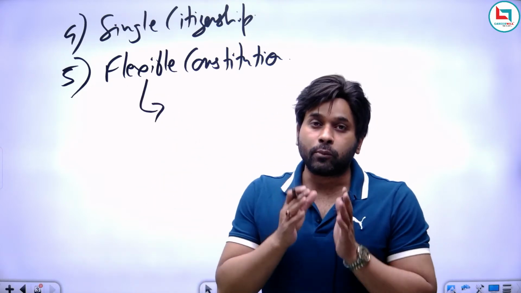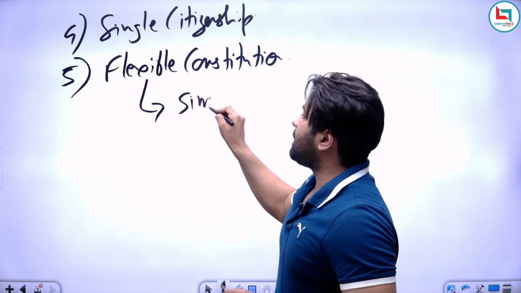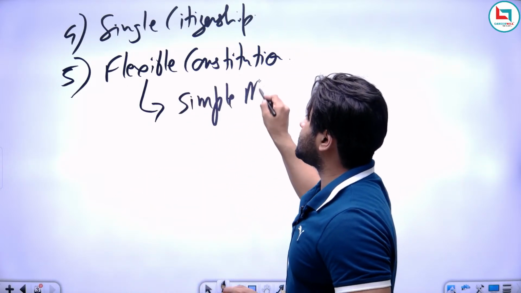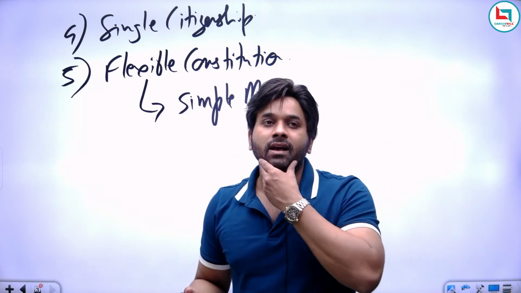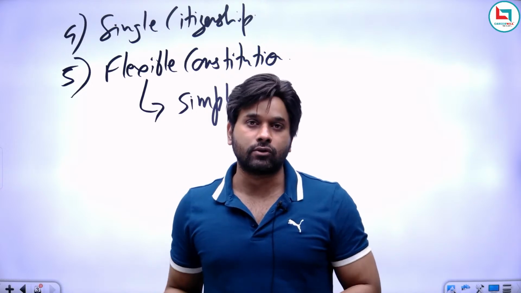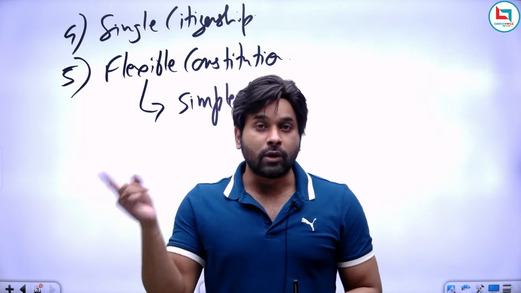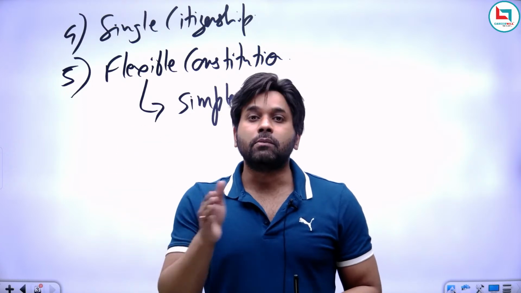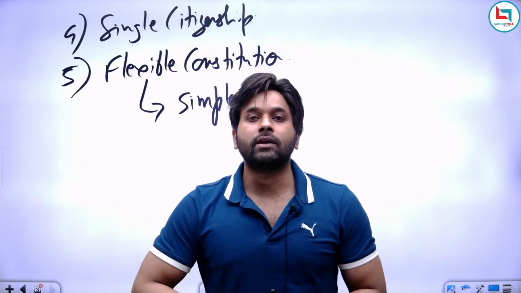When I say the provisions can be amended easily, it simply means we are able to amend the provisions of the constitution by using simple majority. It is simpler to achieve simple majority. Why? Simple majority means majority of the members present and voting in the house. Whereas special majority is a majority of the total membership of the house and a majority of not less than 2/3 of the members present and voting in the house.